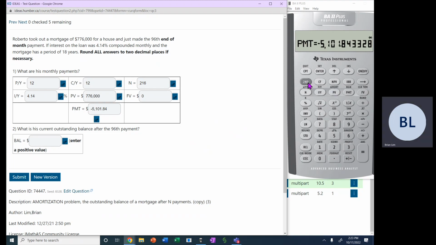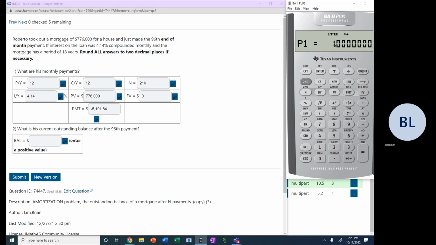To activate it, we click on the second key and then on PV, and there it is. Now we want the 96th end of month payment, so we enter the number 96 for P1. We go to P2, and likewise we enter 96, enter.